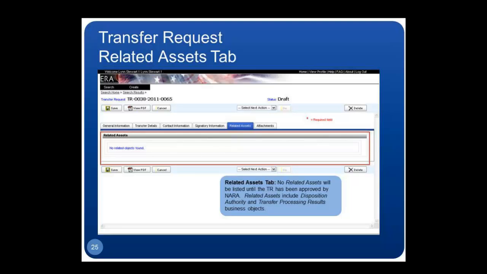Eventually, there will be a link to the disposition authority, the DAA or the DAL in ERA, and a link to the transfer processing results form, which is a form that is used by NARA archival staff to evaluate and track their internal processes as they move this transfer request through the accessioning process. So don't expect to see anything in a draft, anything submitted for agency action, or anything prior to the time that it's proposed to the National Archives in this tab.